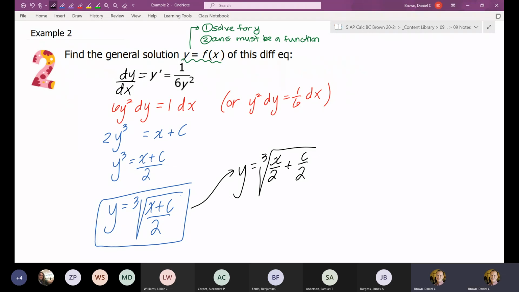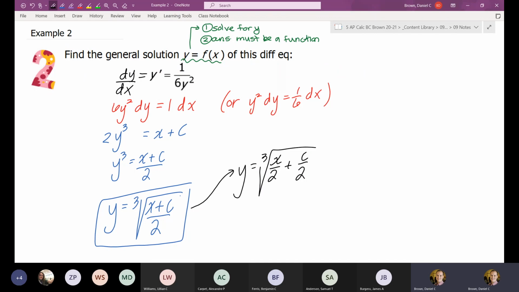If c is a constant, what is c over 2 going to be? What's a constant divided by 2? An unknown constant divided by 2 is just another constant, right? We don't know. It's just another constant.